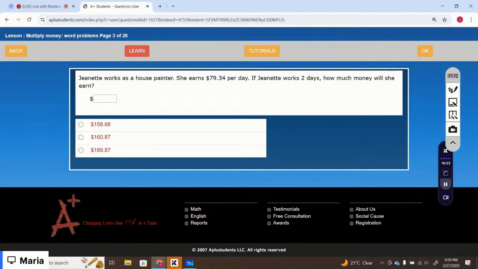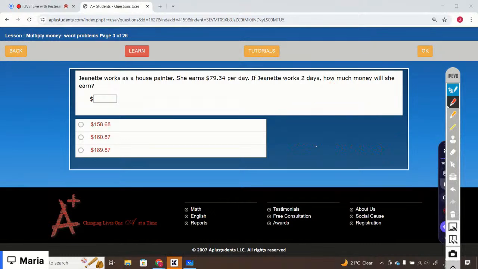Janet works as an office painter. She earns $79.34 per day. If Janet works 2 days, how much money did she earn? So you need to calculate the amount she earns in 2 days. So that is 79.34 times 2. So 2 times 4 is 8, 2 times 3 is 6, 2 times 9 is 18.